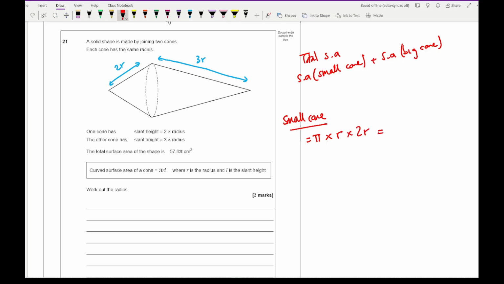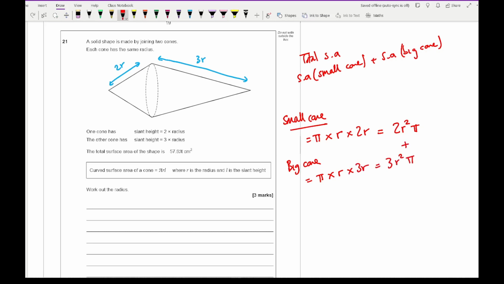So that's going to give me 2r squared pi. And then for the big cone, that's going to be pi times the radius times 3r, which gives me 3r squared pi.